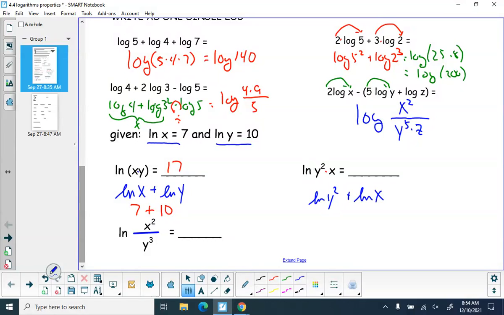So we have 2 times the ln of y plus the ln of x. Now we can make our substitutions. We have 2 times the ln of y, which is a value of 10, plus the ln of x, which is a value of 7. So we have 2 times 10, which is 20, plus 7, or 27.